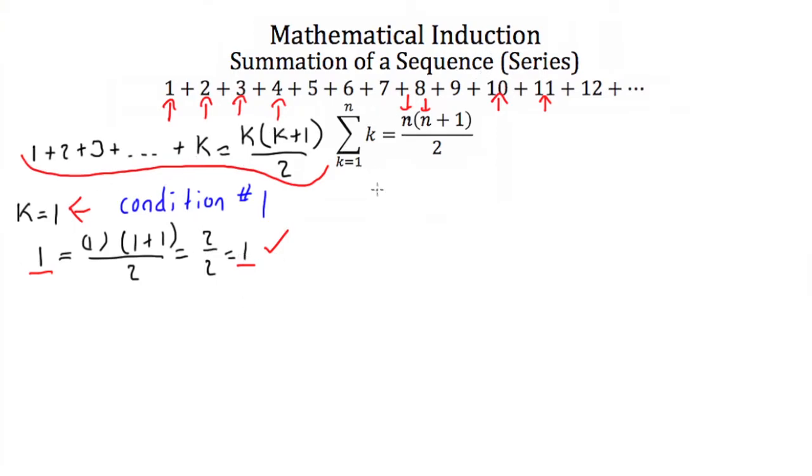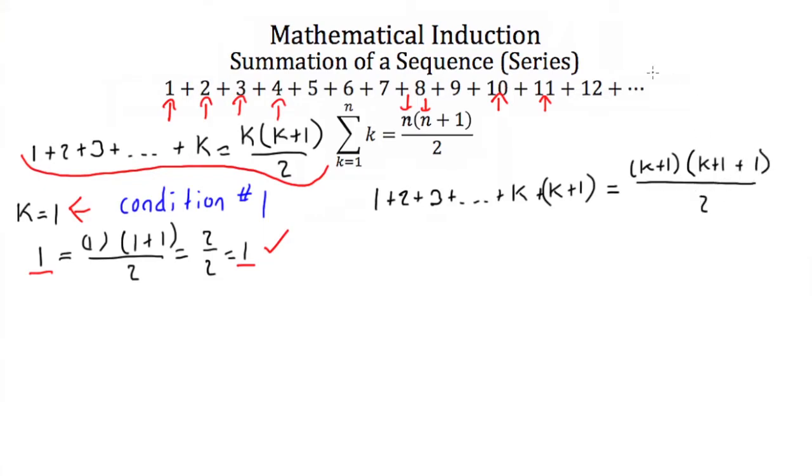So our sequence is going to look like 1 plus 2 plus 3 plus all the way up to k, and then the next term, k plus 1. And this should be equal to, now everywhere I had a k before, I'm going to put a k plus 1. K plus 1 times k plus 1 plus 1 over 2. Now again, we're just testing this for the next value in our sequence.